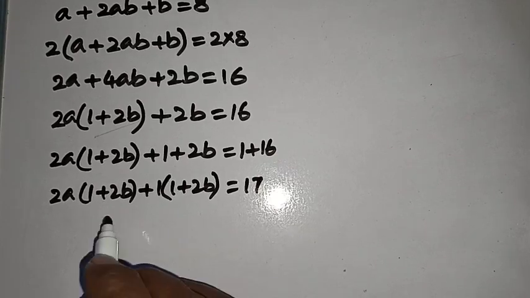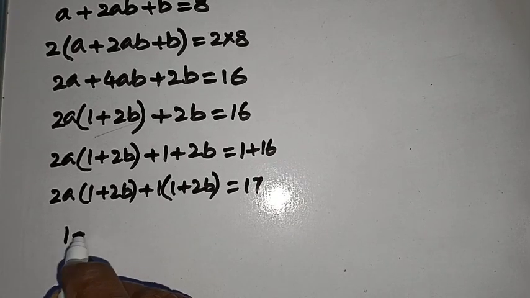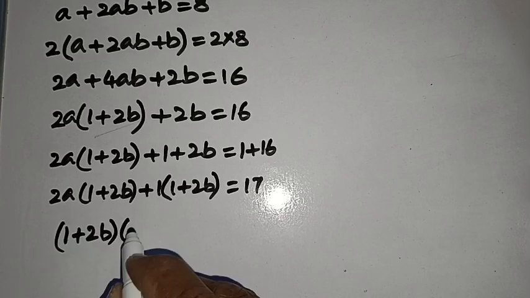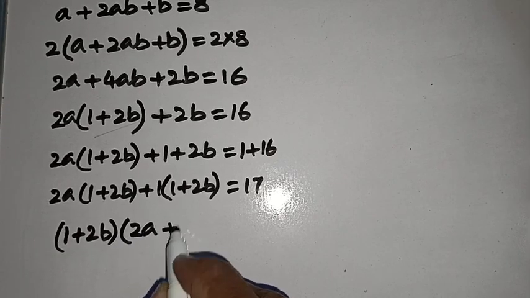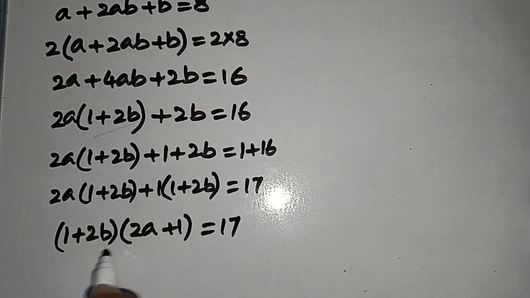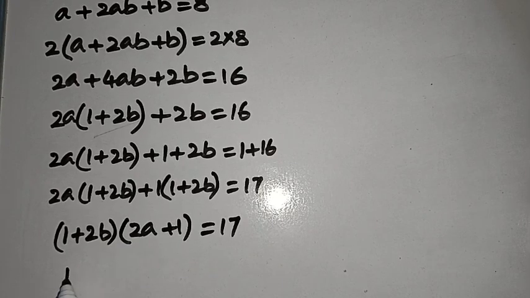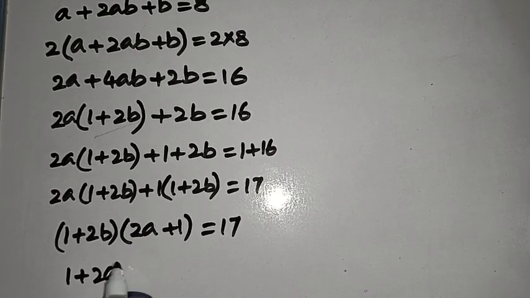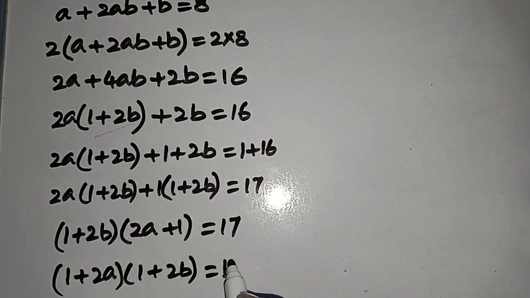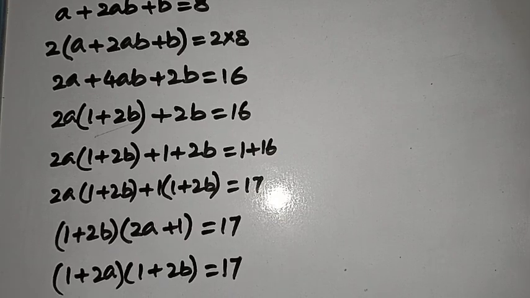So here we have (1 + 2b) as a common factor. So (2a + 1) is equal to 17. Or we can rewrite it as (1 + 2a)(1 + 2b) = 17.